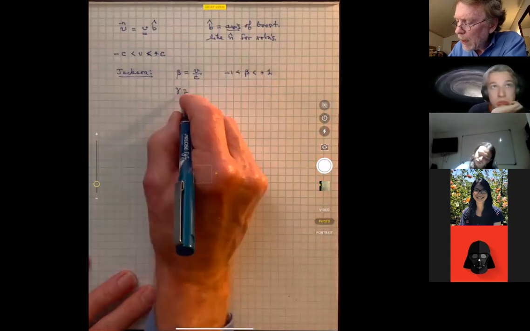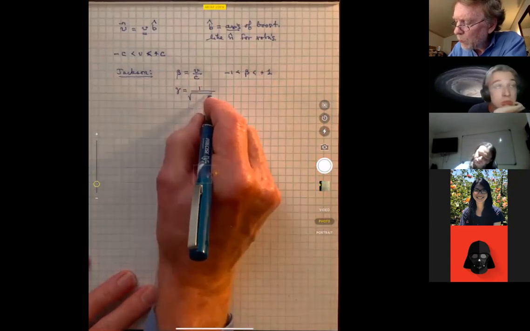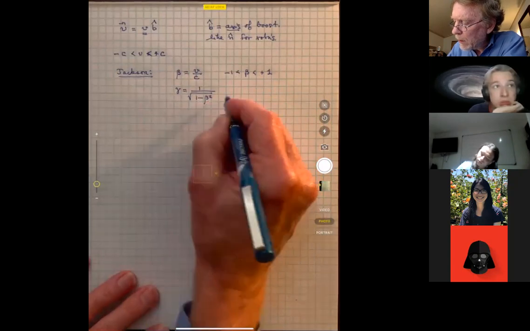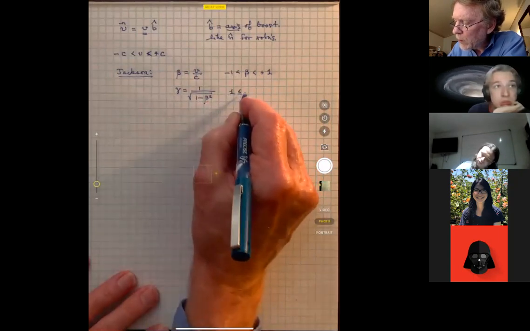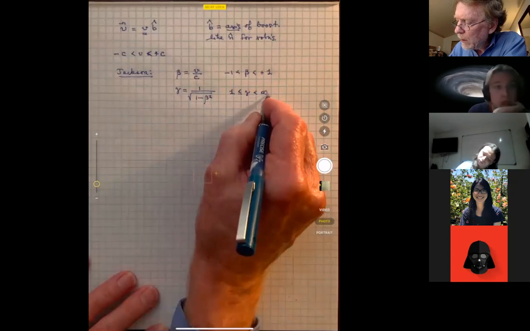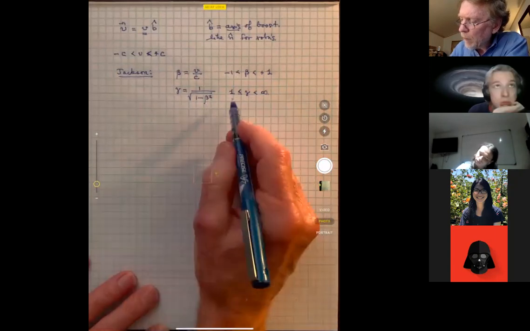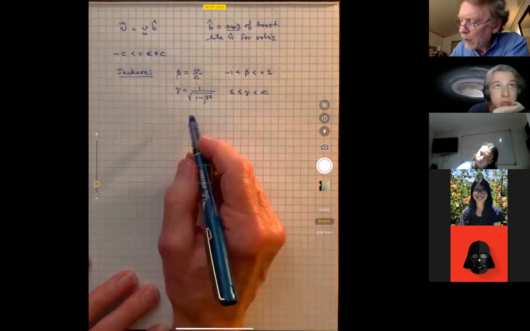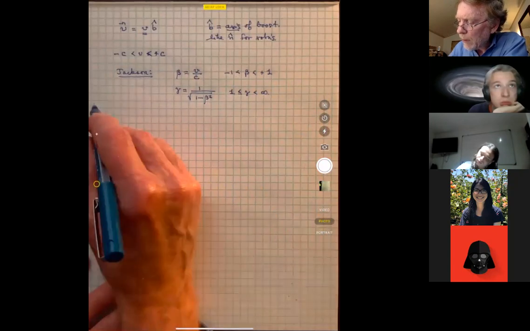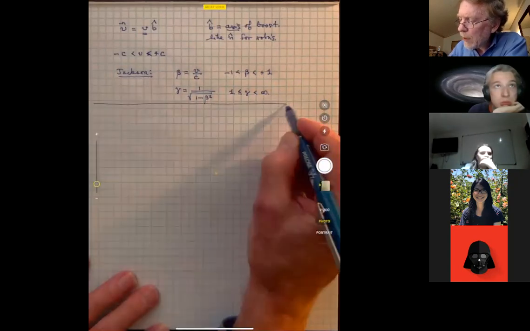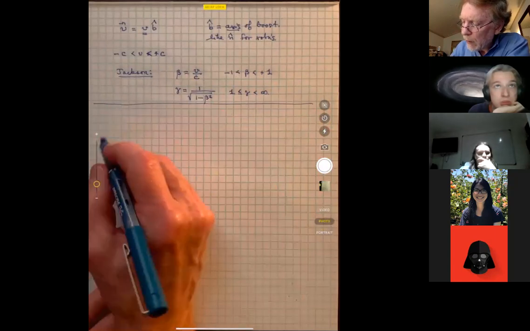And then you have the quantity gamma, which is the factor of time dilation. It's 1 over the square root of 1 minus beta squared. And this has the range 1 is less than or equal to gamma is less than infinity. Gamma goes from a minimum of 1 out to a maximum of infinity. This, again, as I say, is a factor of time dilation. So this is fairly standard notation in books on special relativity.